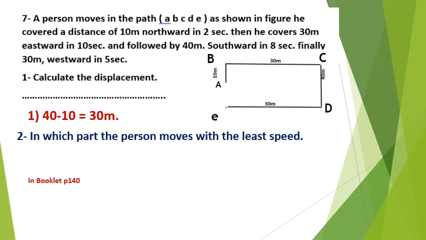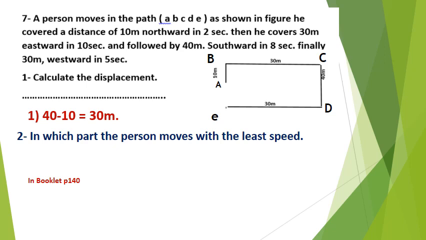I need to calculate the speed in each part. Number 1, I will calculate the speed from A to B. The speed from A to B equals distance divided by time. The distance here equals 10 meters divided by 2 seconds. He tells you that he moves from A to B in 2 seconds.